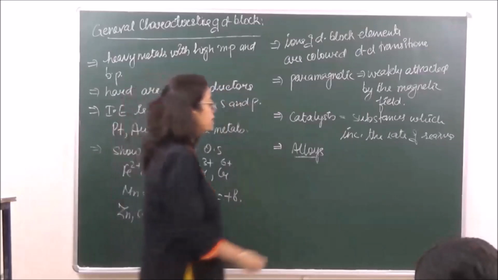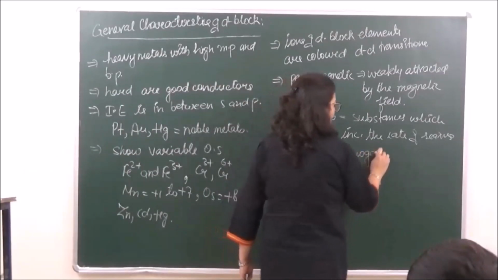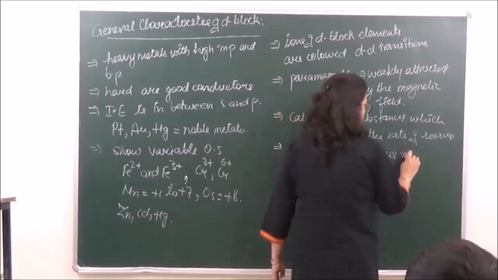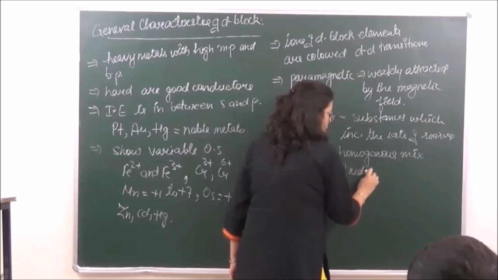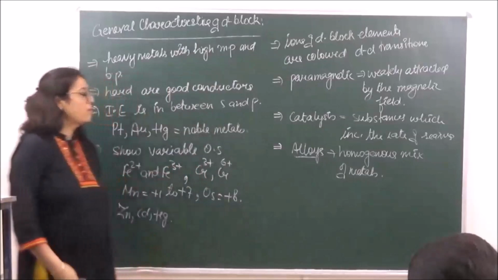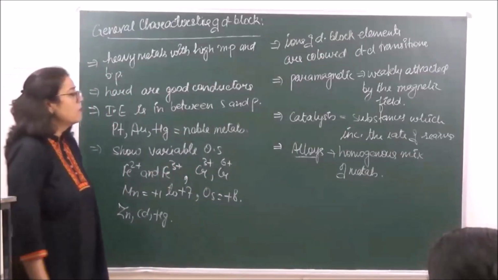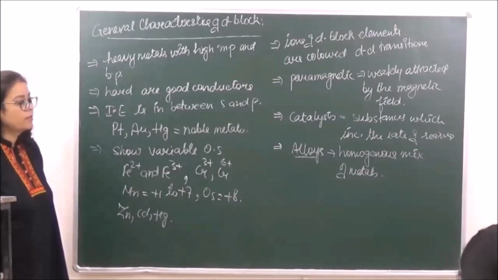Then after that, most of the D block elements have the tendency to form alloys. What are alloys? Alloys are homogeneous mixtures of metals. For example, you have bronze, you have brass, you have gunmetal. There are so many alloys which all are formed from D block elements.